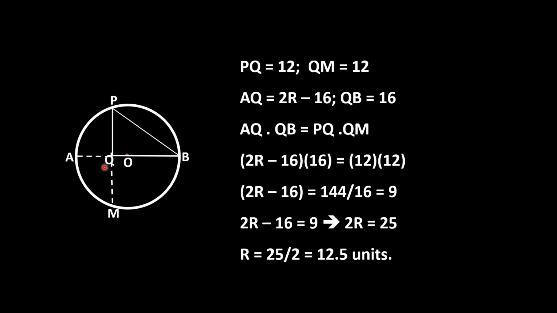AQ 2R minus 16 into QB 16 is equal to PQ 12 into QM 12. So 2R minus 16 into 16 is 12 into 12, and divide by 16 both sides. So 2R minus 16 will be 144 divided by 16, that is 9. Take the 16 to that side, 2R equal to 25. Divide by 2, R equal to 12.5 units.